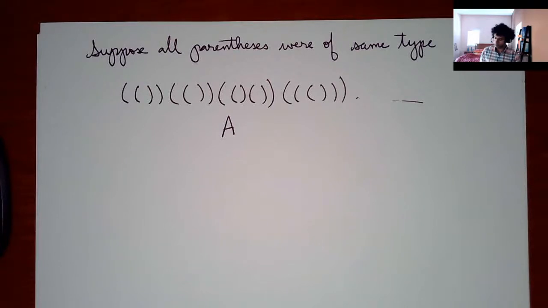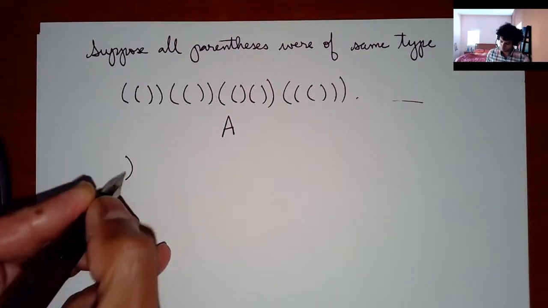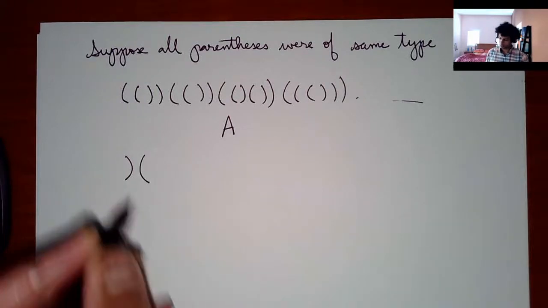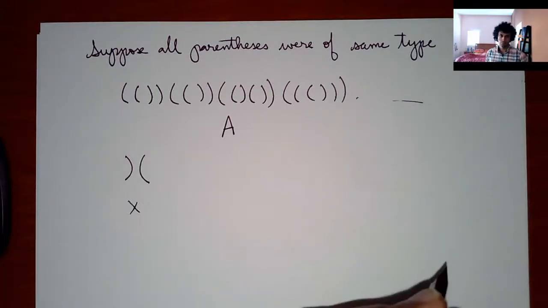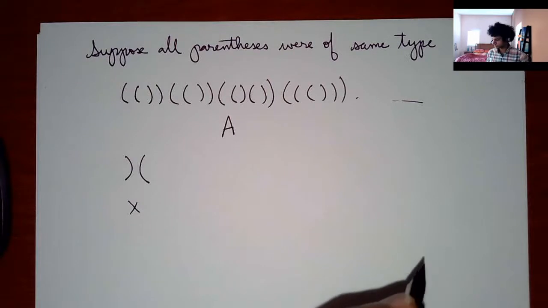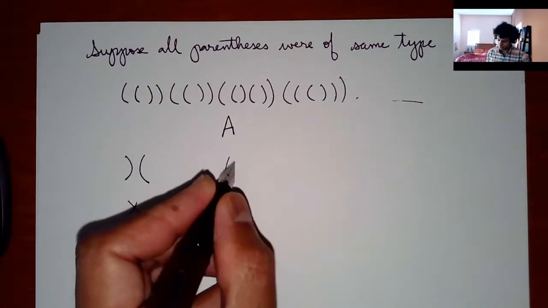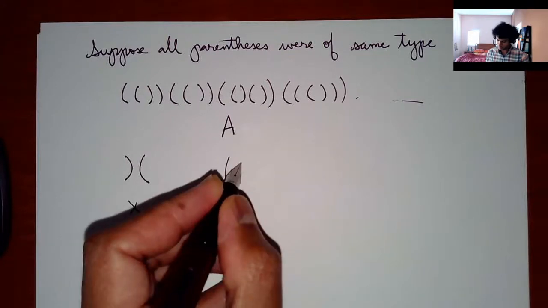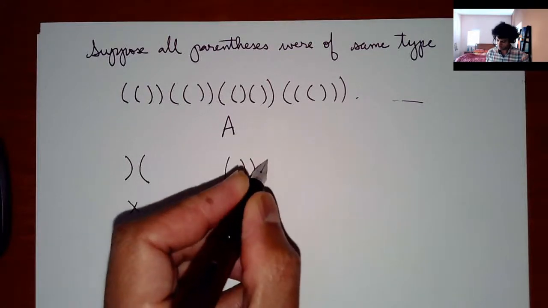Correct. So if you have a closing before you have a starting, this is wrong. But is this enough? There need to be an equal amount of opening and closing. But what if you had that?